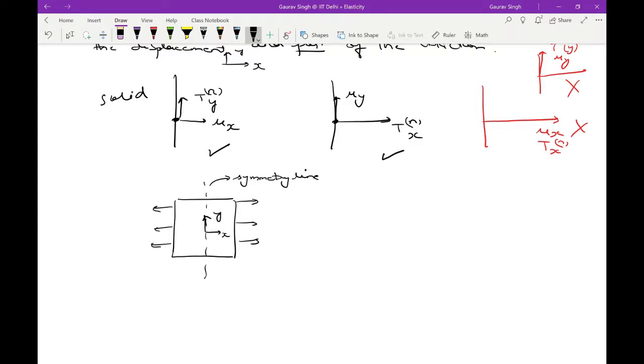Okay, and then you take half of it over here. So let me just draw. Because of the symmetry, we can consider one half of it. Loading applies as it is. Now let's see how we can solve this problem.